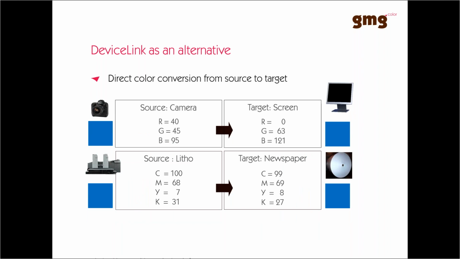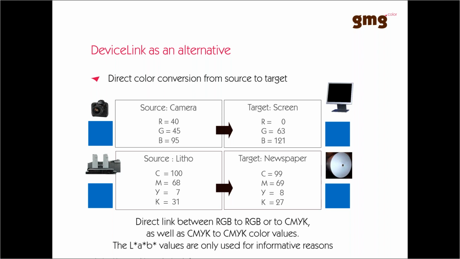There are also device link profiles available as an alternative to ICC. The main reason is the conversion. You can get better quality out of such a conversion if you use device link profiles. In device link profiles, you still have the LAB values, which will be used for the conversion for profile creation.